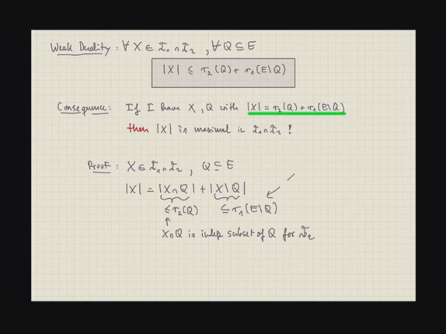Because X without Q is an independent subset of E minus Q for the first matroid. And that's already the end of the proof of this weak duality proposition.